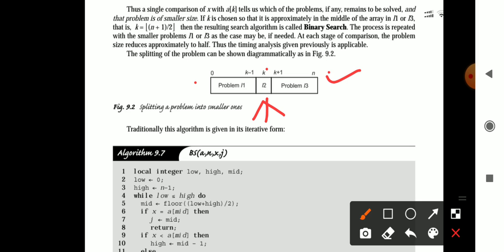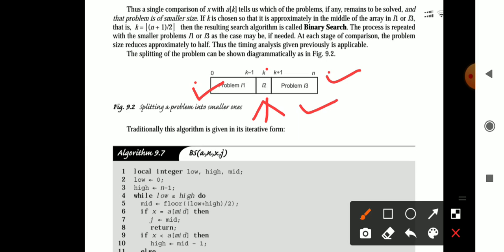Then we check whether the number is less than mid. At that time we search in the previous elements of the array. If the number we want to search is greater than the mid value, we search in the next elements after the given mid. So the big problem is divided into three problems: problem 1, problem 2 and problem 3. That is the working of binary search.